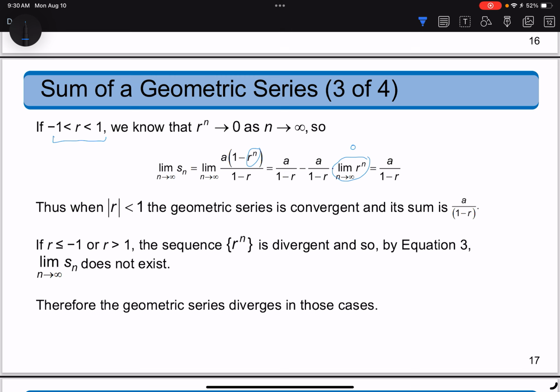So, on our interval from negative 1 to positive 1, if your r is greater than 1, the series diverges.